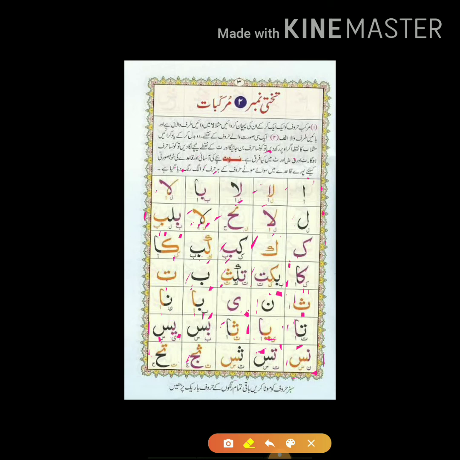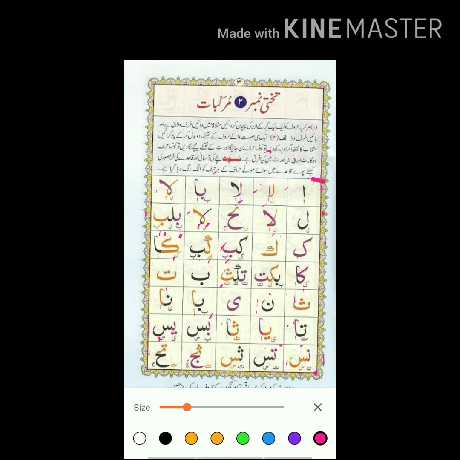Okay, now on the very first line, I have already given you a hint about the straight line, and that straight line is always alif. Now moving to the next box, which is lam alif. Again we have lam alif.